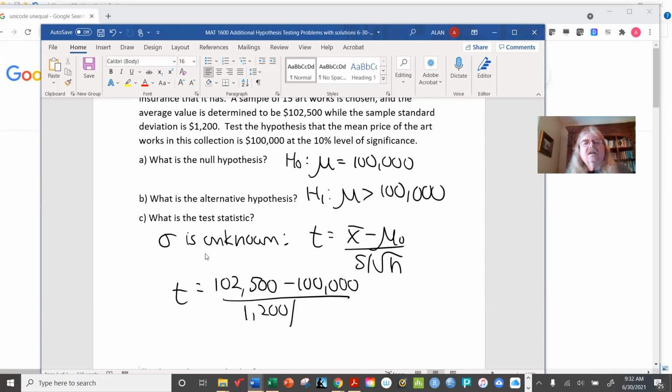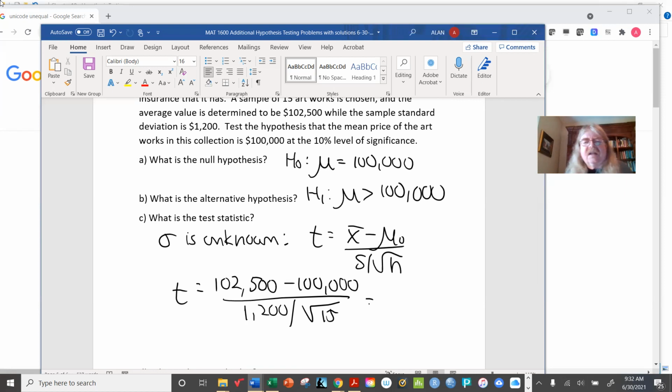And the sample size was 15. So that turns out to be approximately, hold on one second, about 8.07.